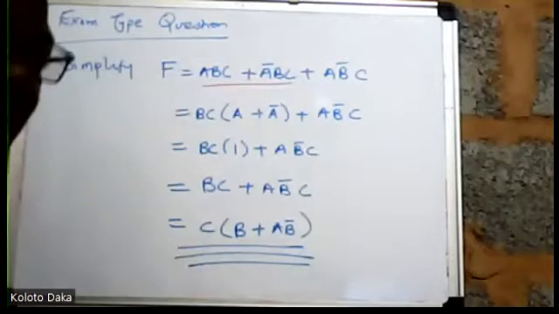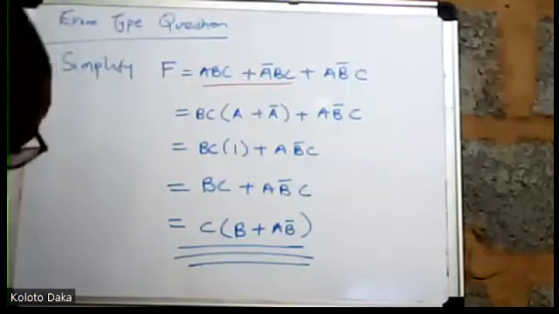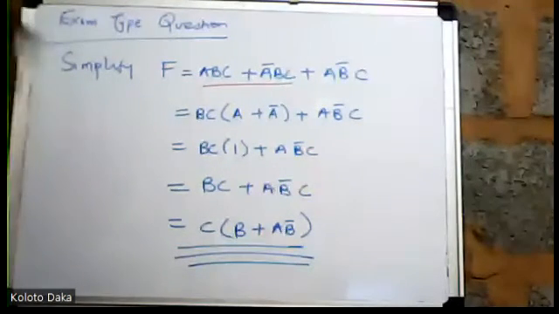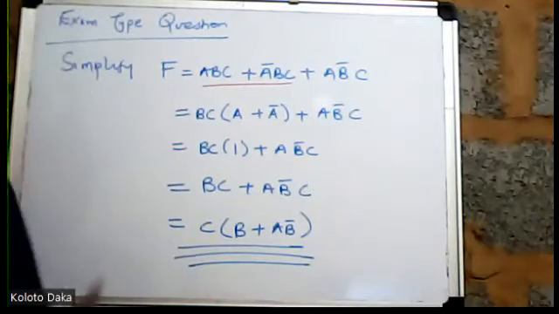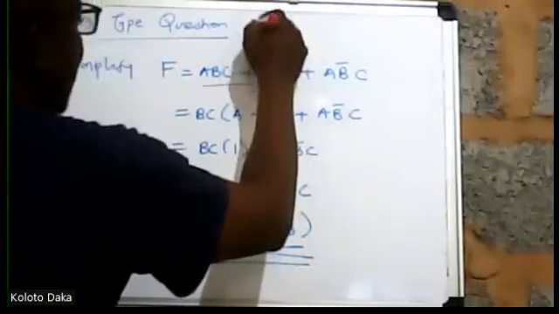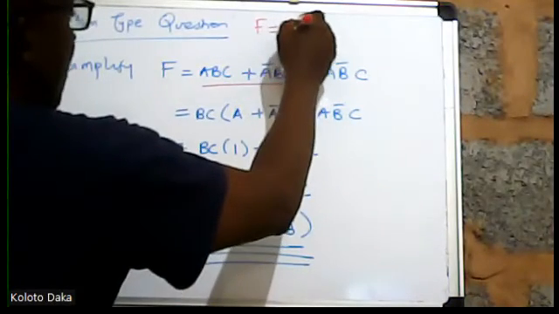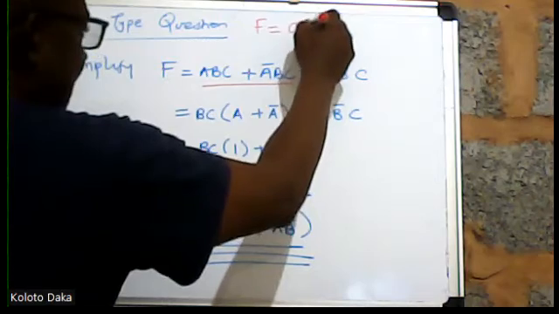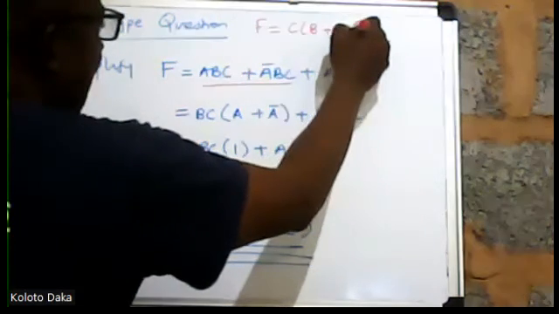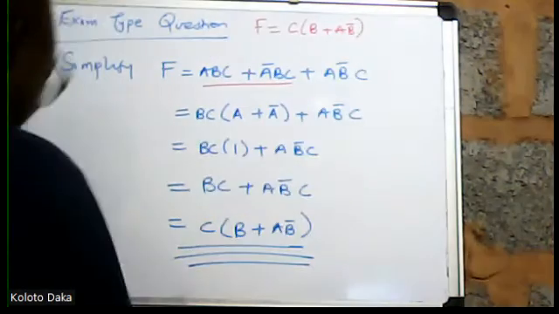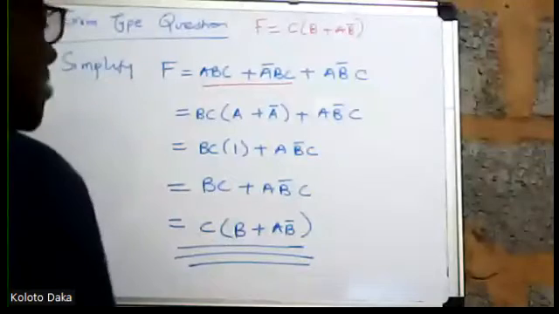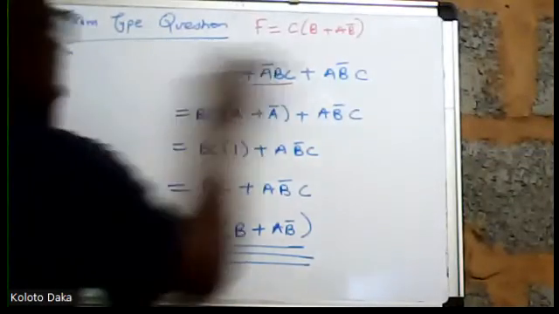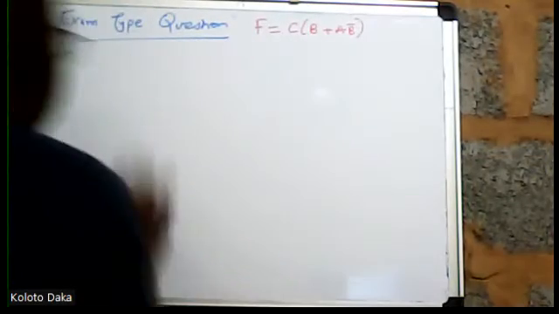After I have simplified, and this is your final answer, that F is equal to C open bracket B plus A complement B bar, and then you are asked to draw the circuit. How does the circuit look like?